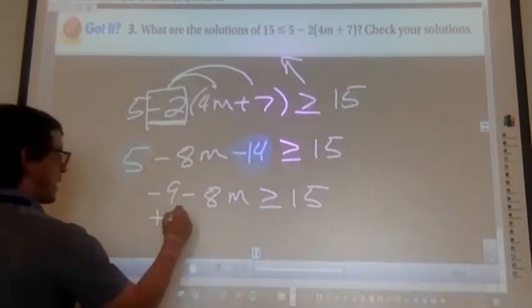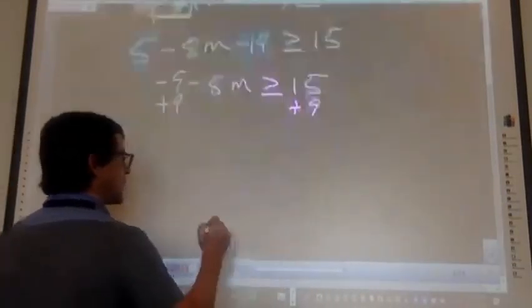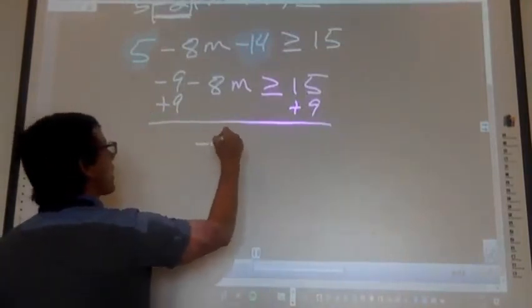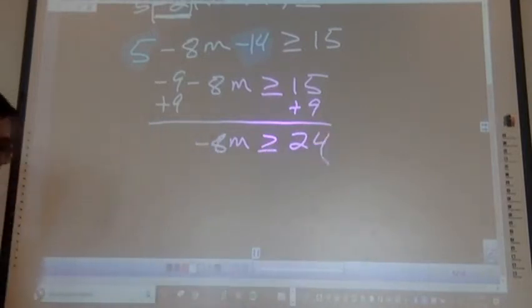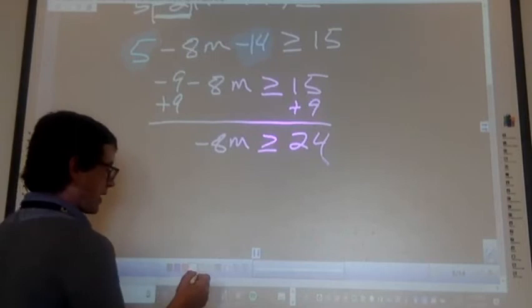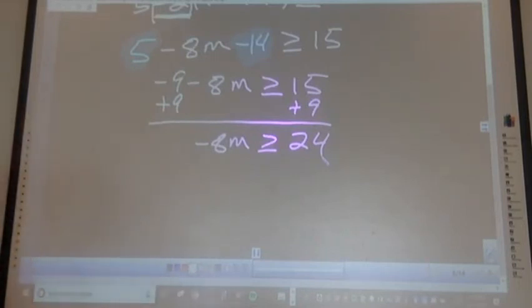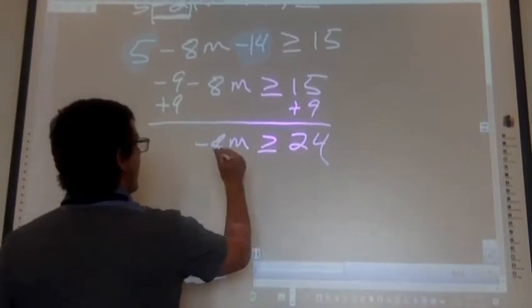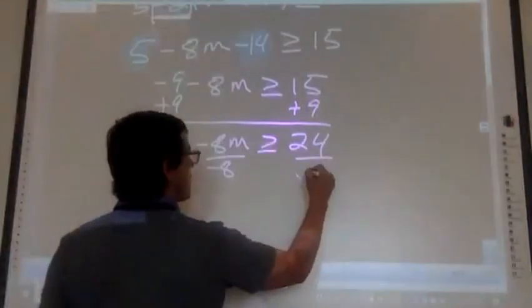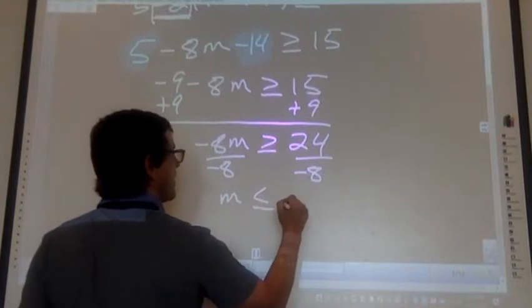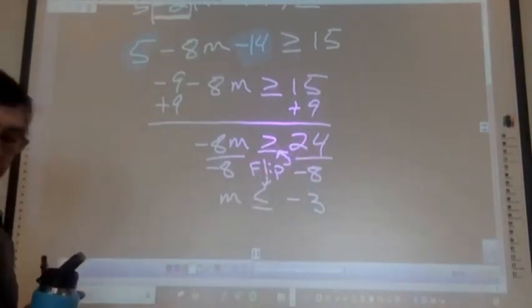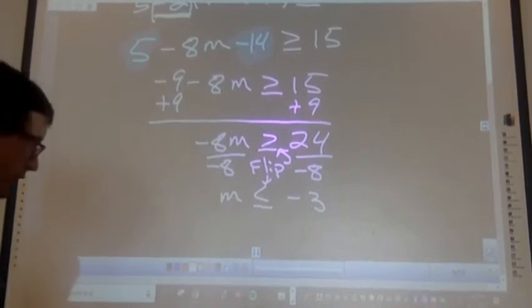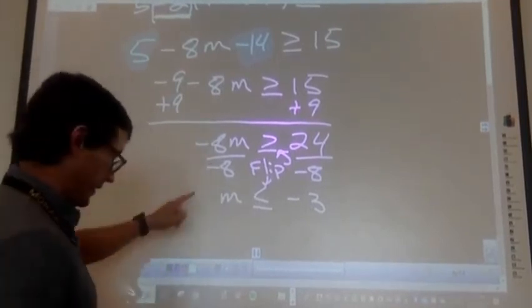Excellent. Last step, Elise. Divide by -8. And what do you have to do? Flip the inequality. Good. Don't forget to flip the inequality when you multiply or divide by a negative.